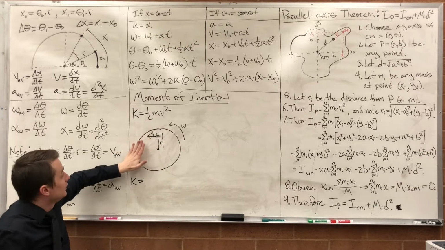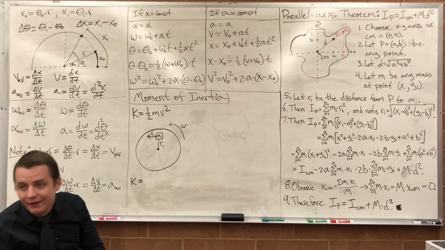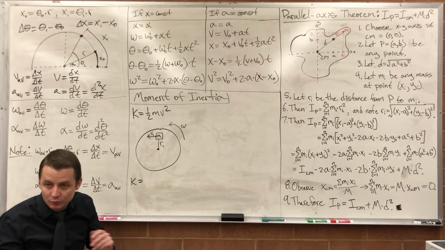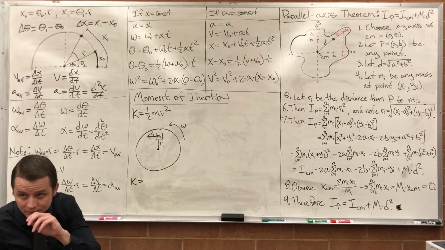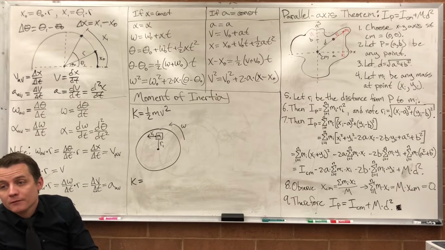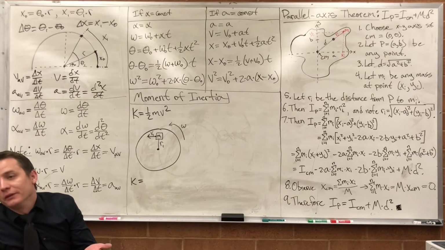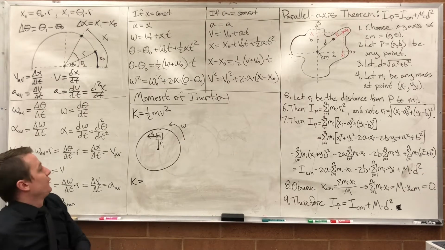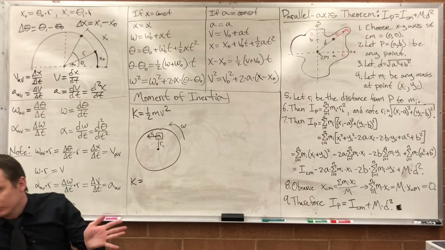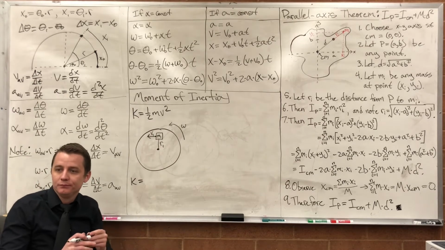I'm going to do that for every part of the wheel and add up all their kinetic energies, and that gives me the total kinetic energy of the wheel. Ultimately we're headed towards integrals. But for now, let's just say that we're breaking it up into 100 pieces, 1,000 pieces, some number of pieces. We won't say infinitely many yet.